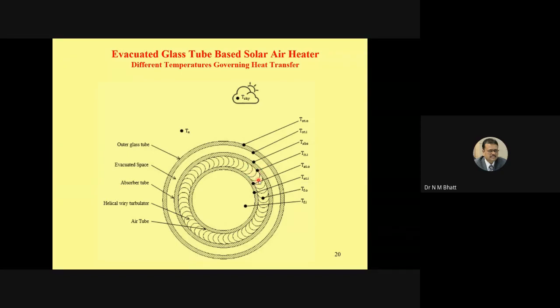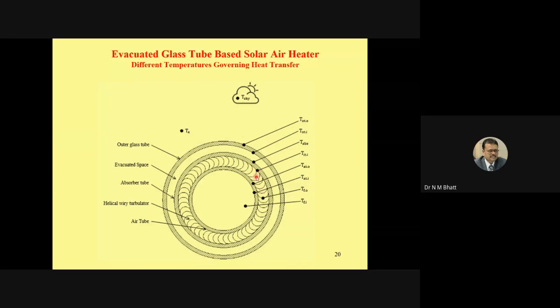Then there would be air coming out through this annulus, so there would be convection heat transfer between the inner surface of the absorber tube and air. So there would be a certain higher fluid outlet temperature, which is lower than the TITI.